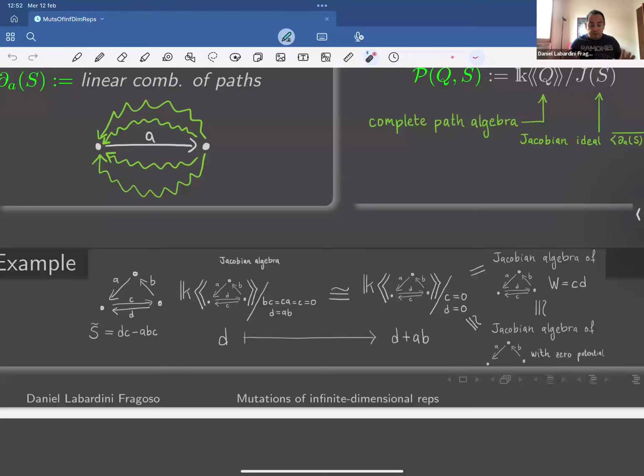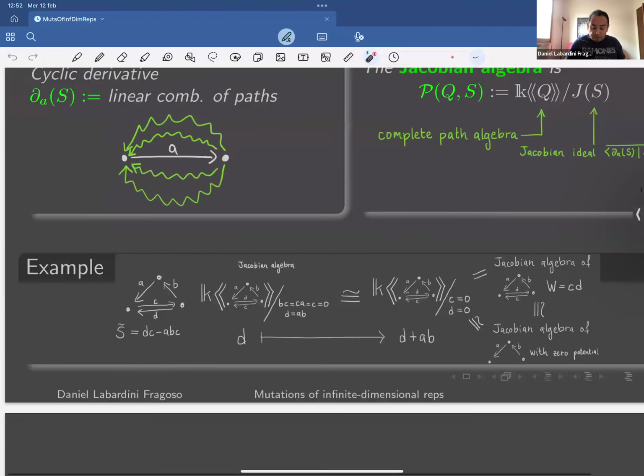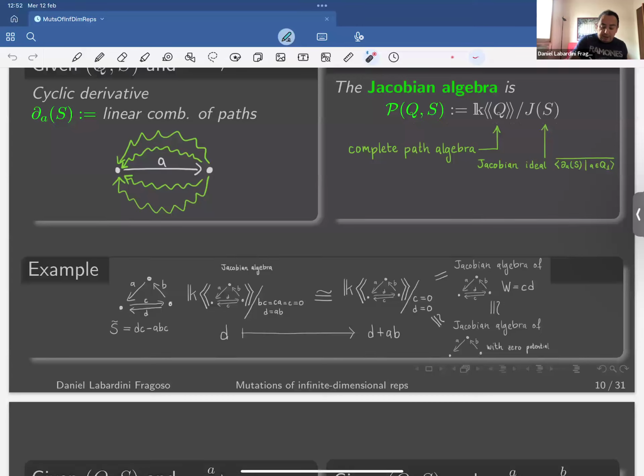So the moral I want to extract from this is that if one has two cycles in the quiver, then if you choose your potential correctly, you may be able to delete the two cycles from the quiver in the end, though you may need to apply an automorphism of the complete path algebra.